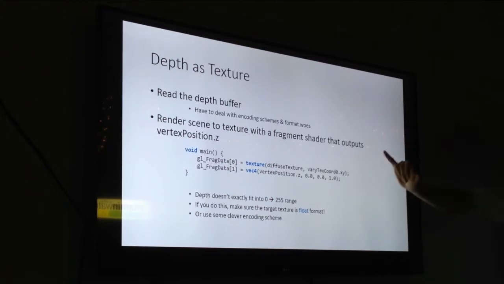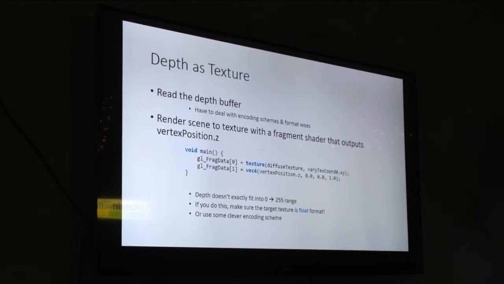So when we store the depth, we've got to be careful, because normal RGBA color, 16-bit color, 24-bit color, whatever, goes from 0 to 255, right, 8 bits.